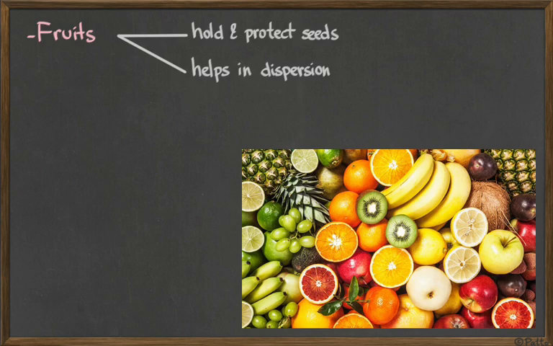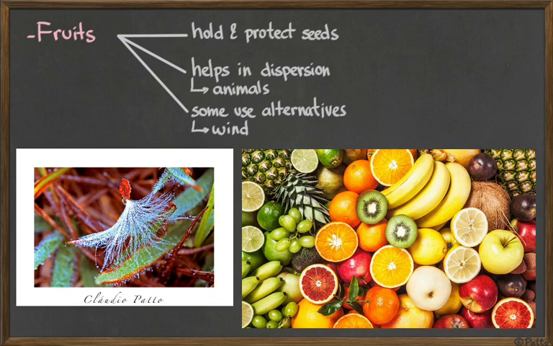When you eat a fruit and you swallow the seeds, later on when you go to the toilet, you have just carried the seeds away. Birds do that nicely, and many other mammals eat the fruit, swallow the seeds, and carry the seeds away. Okay, so usually the seeds are dispersed by animals, but there are alternatives. Some, for example, are dispersed by the wind.